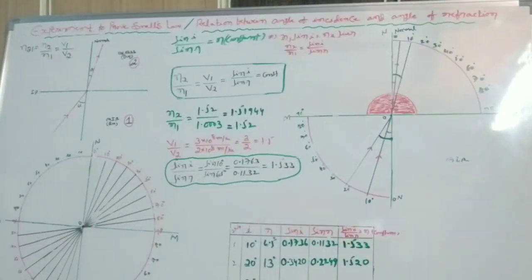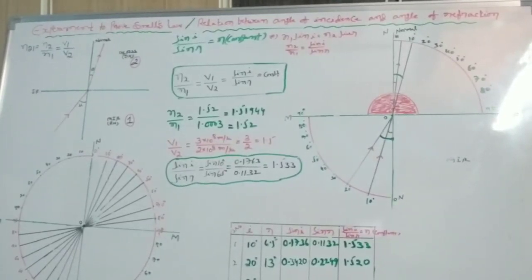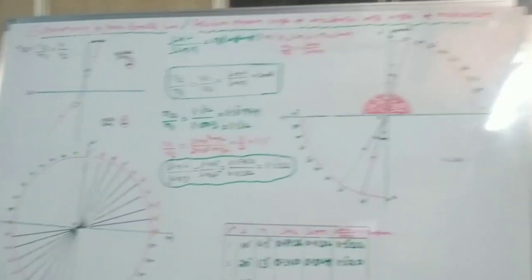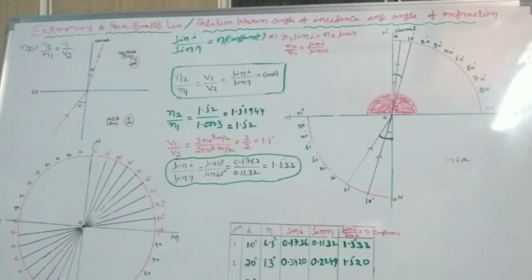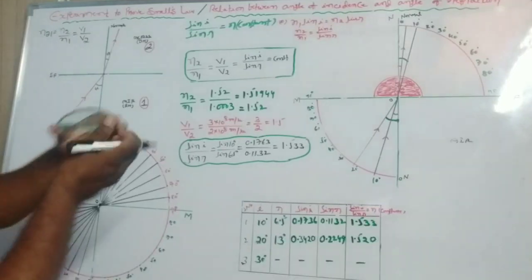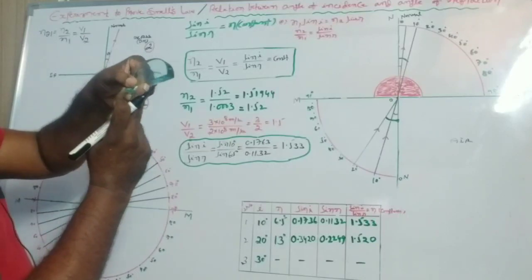Now place the semicircular glass disc so that its diameter coincides with the interface line MM and its center coincides with the point O. So this is the semicircular glass slab, and this is the center point.